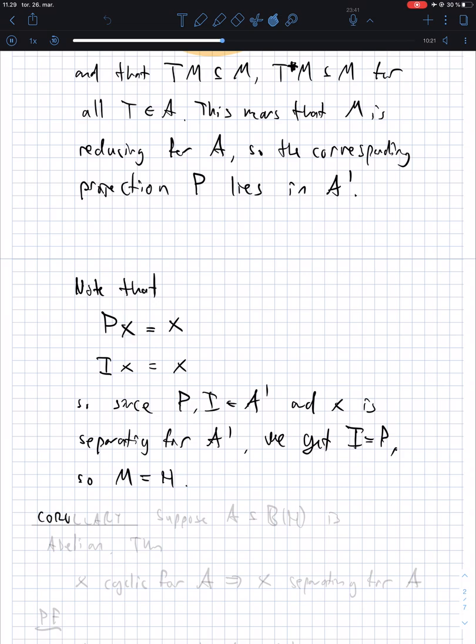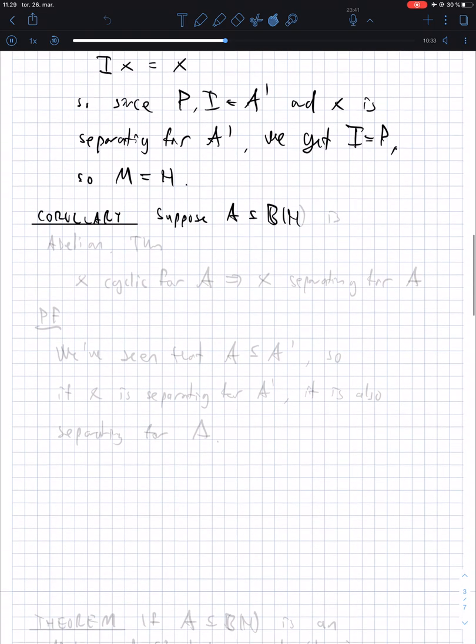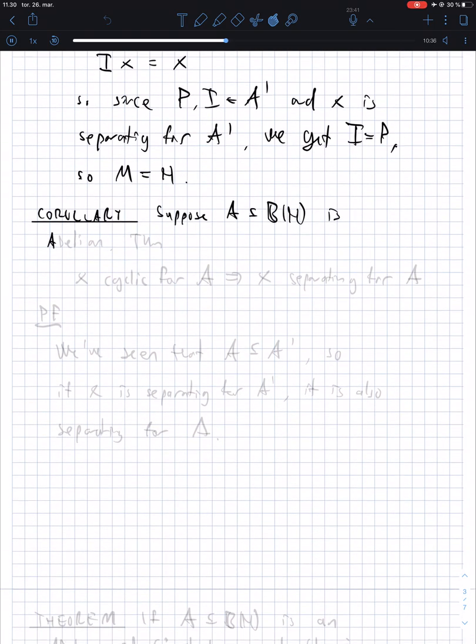So a corollary of this is: suppose A in B of H is abelian, then X is cyclic for A implies X is separating for A. There's no prime on the second A, right?